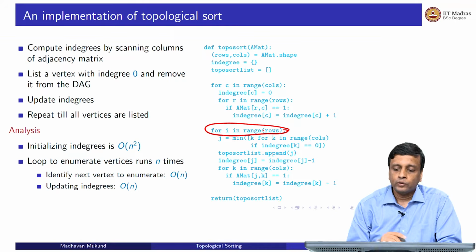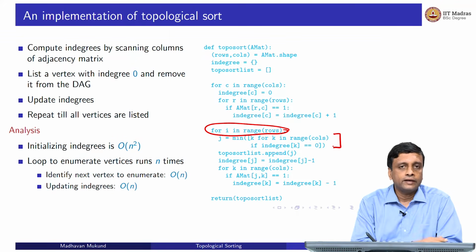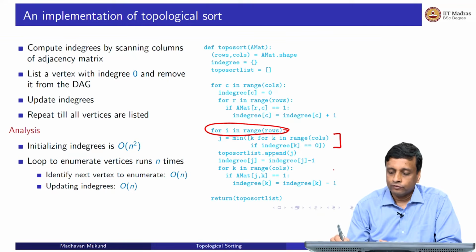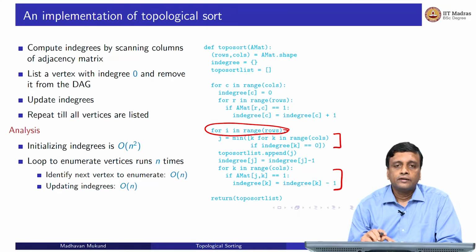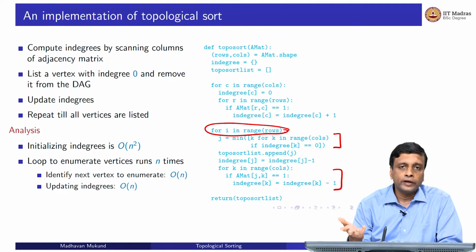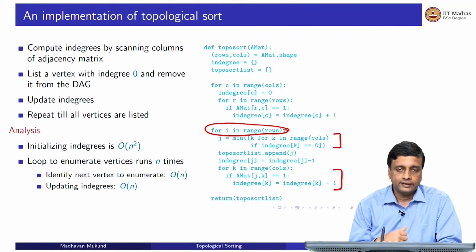And inside, what am I doing? I am doing the scan, right? So I am doing the scan to find the next vertex to enumerate, which is again a linear scan. I have to go through all the vertices, find out if they are in-degree 0, collect them and then take the minimum, right? And then finally, I have to do another order n scan here, because when I take a vertex out of my graph, I have to update all its outgoing neighbors to have one less in-degree.